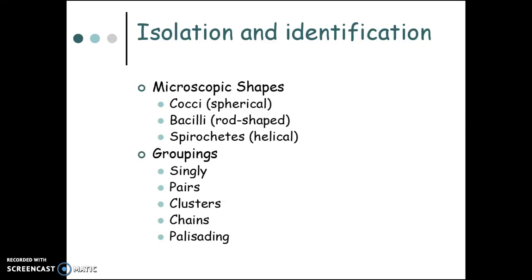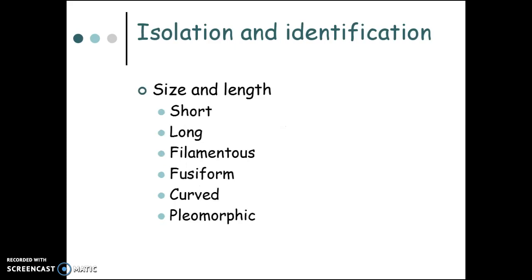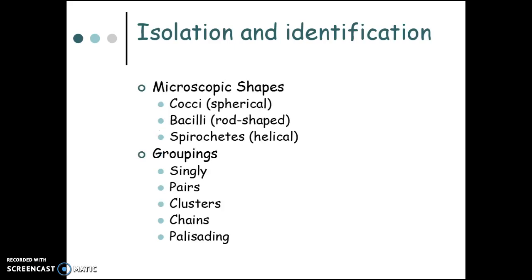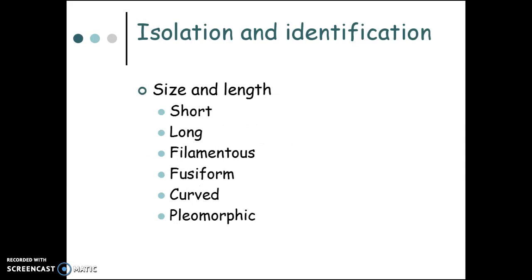So for the microscopic shapes, we have cocci, which is spherical, bacilli for rod shape, and spirochetes for helical. For groupings, we have single, pair, cluster, chain, and pedicellin. Besides the shapes and the groupings, we can have a look at the size and length. Is it short or long or curved?